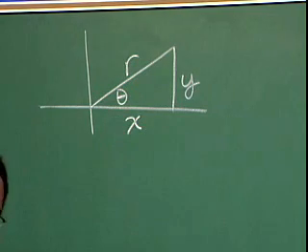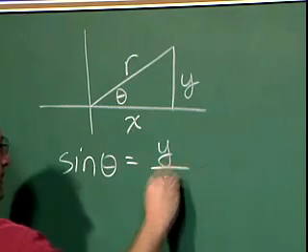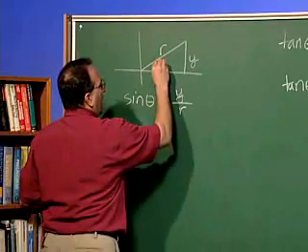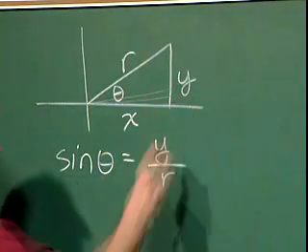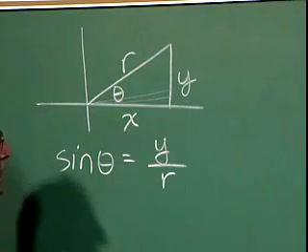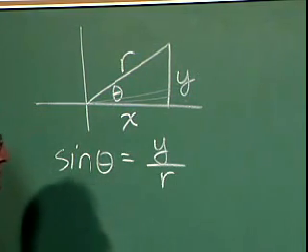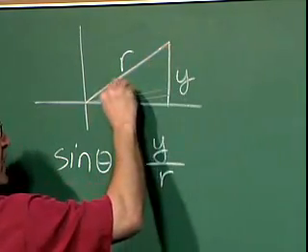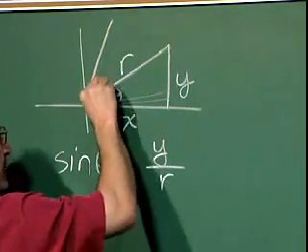And if I deal with sine theta to start, that's y over r. And let's look at this. If theta is a very small angle, so something like this, we'll see that we have a ratio of y over r. It'll be positive, and it will be some fraction, a small fraction. But what happens as we let the terminal side of this angle theta come up like here? And this would be my angle theta.